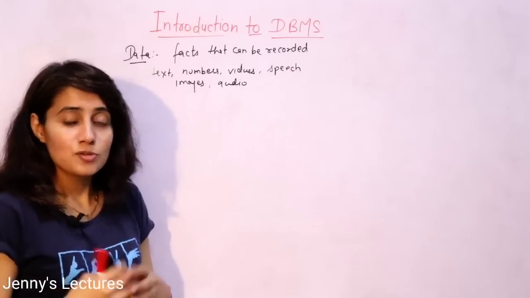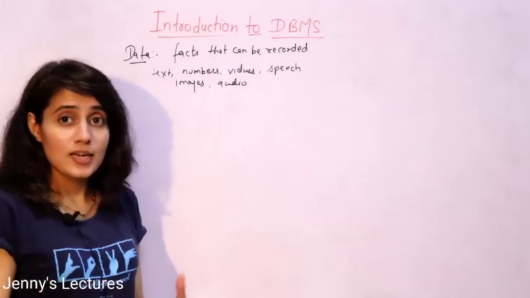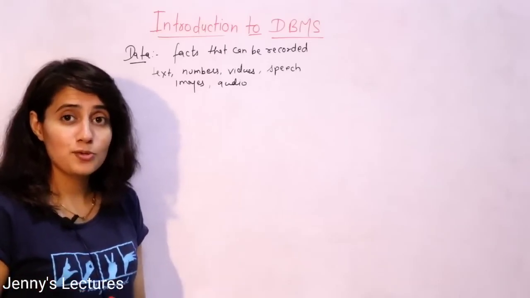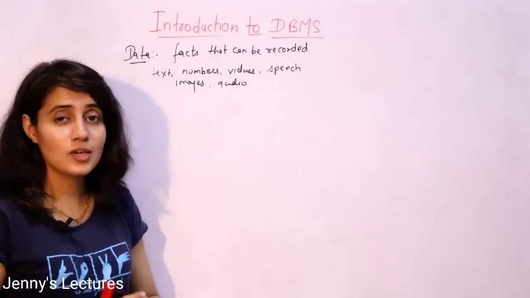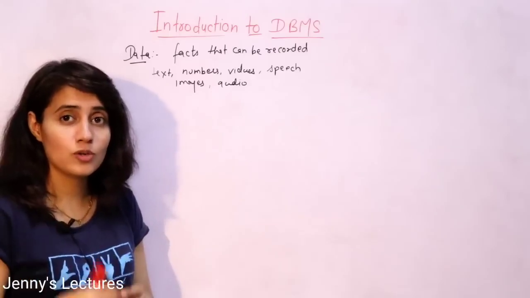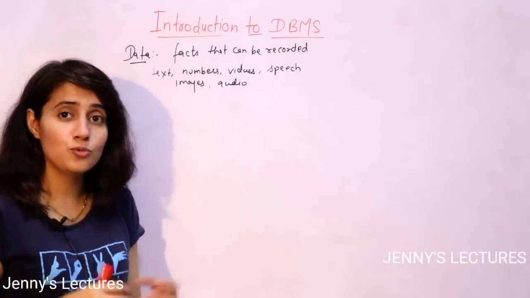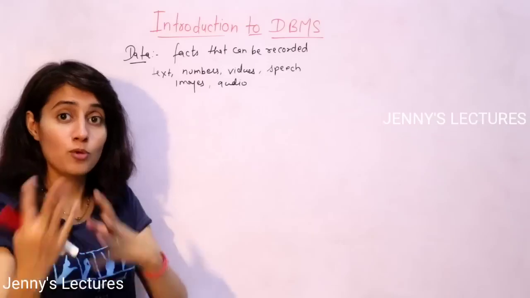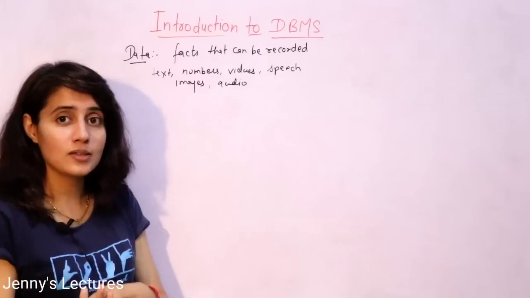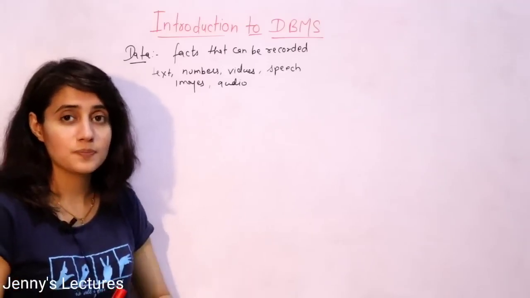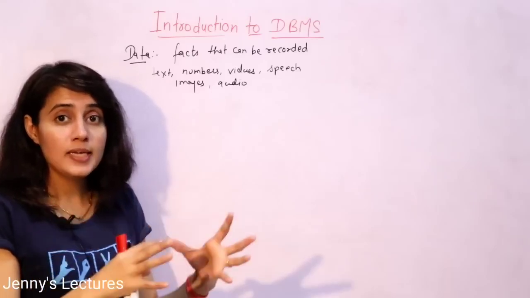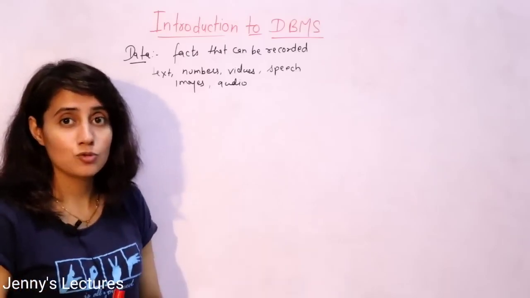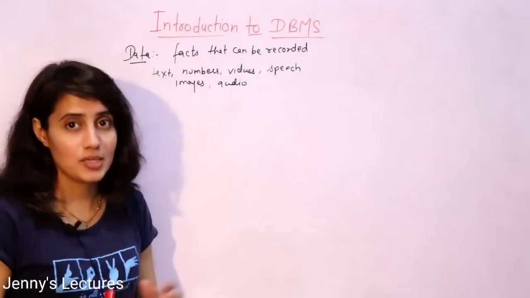Based on this data they know everything about you. Maybe in the coming few years they'll know your hobbies, your favorite color, in which month you do more shopping, and based on that they'll send you messages. So this data is worth millions and billions, and data is very important nowadays.